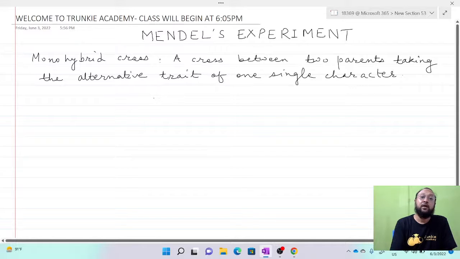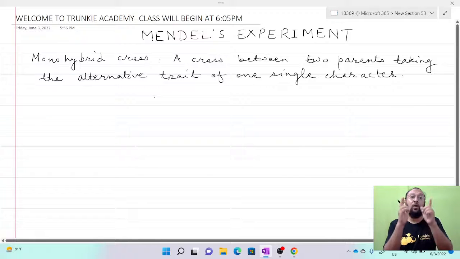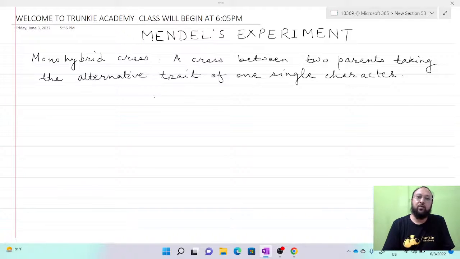That means we are considering one particular character and taking two alternative forms of that character.